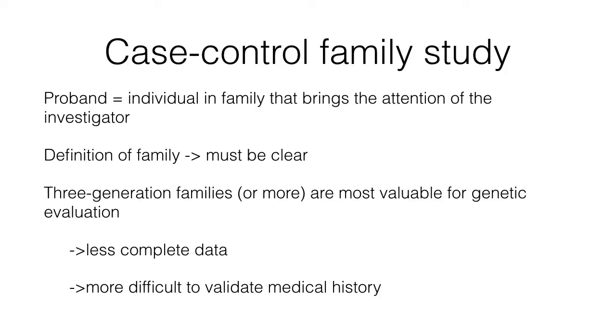So in a case-control family study, the proband is the individual in the family that brings the attention of the investigator. Here we have to clearly define the family, and usually three generations of families or more are most valuable for genetic evaluation, because the more we have, the more information we will get.